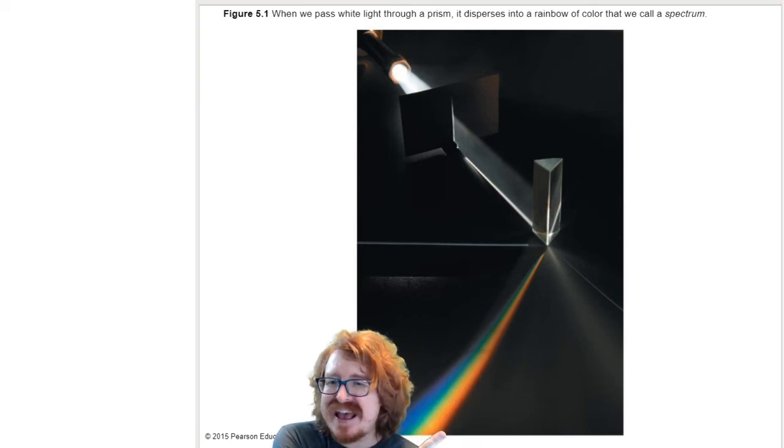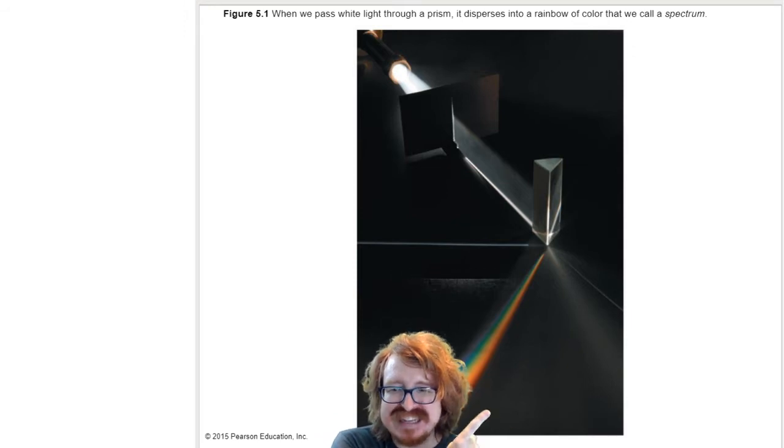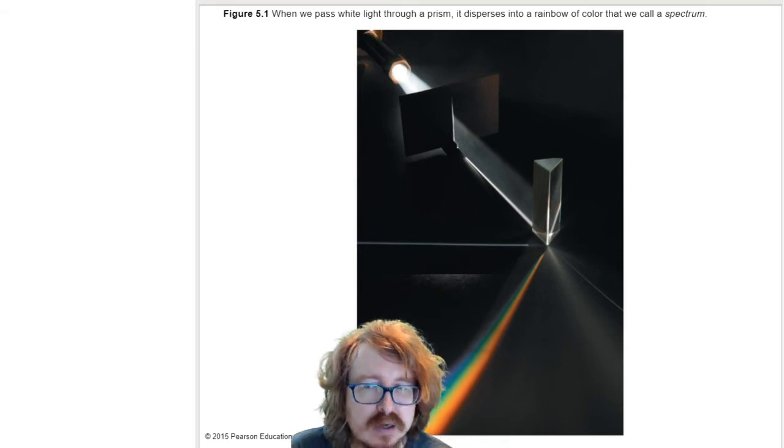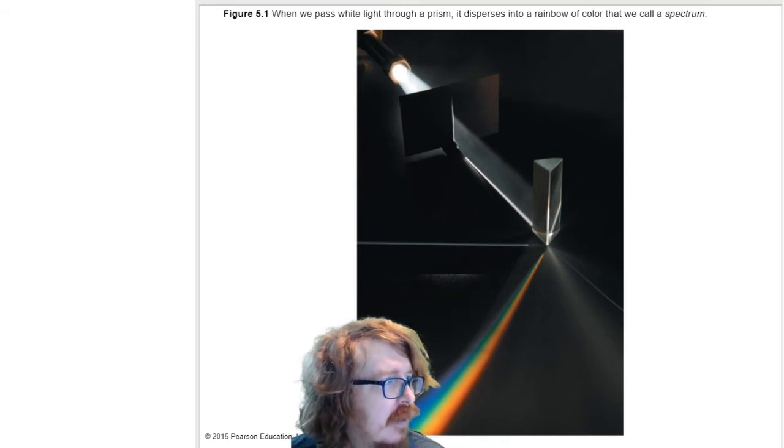Remember, red bends the least of the visible, and we said it's the longest of the visible. So if this is bending even less, that's right, it's even longer. So the type of light that ends up bending to here is longer than visible light.